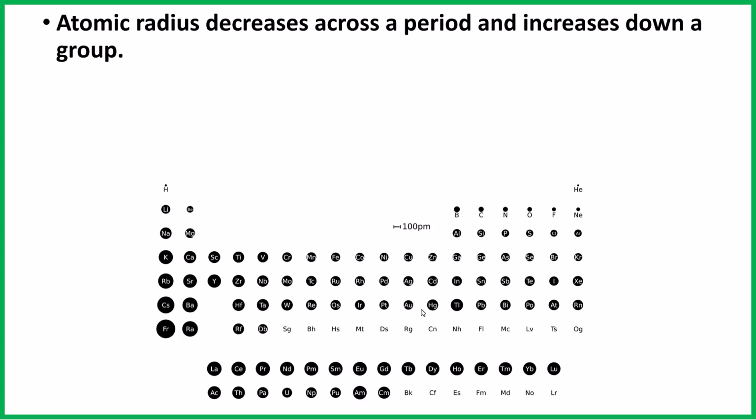Atomic radius decreases across a period and increases down a group. So if you look at this image of the periodic table, you can see how the atomic radius changes across a period. It is decreasing, same here, and down a group, it is increasing.